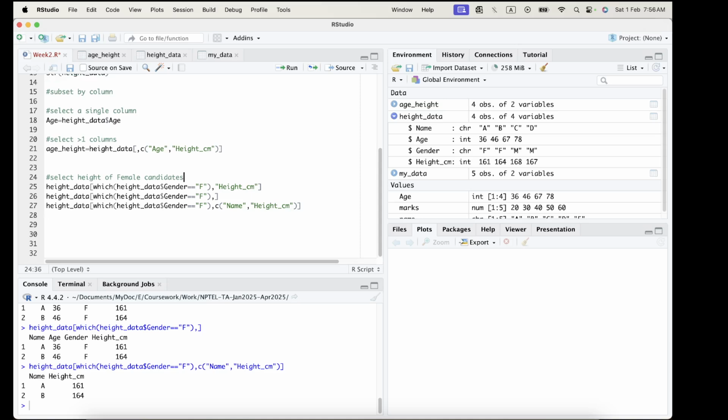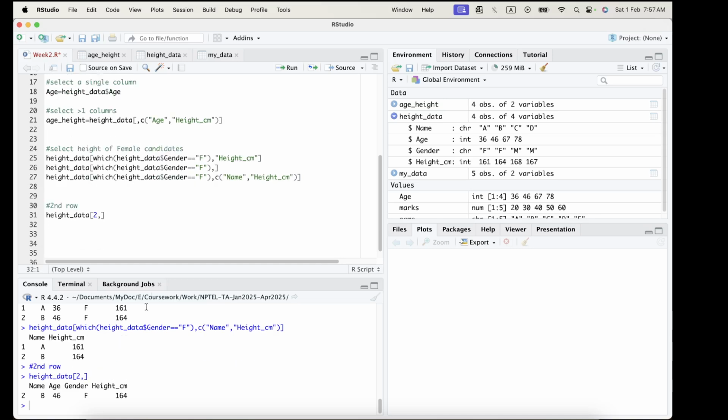Simply, if I want the second row of this data, then I am going to type height data 2 and comma. So it is going to give me the second row.